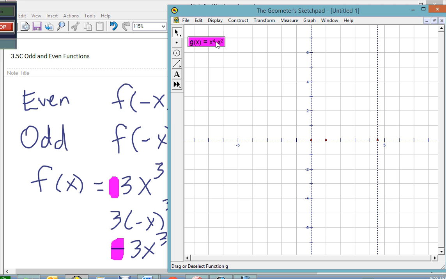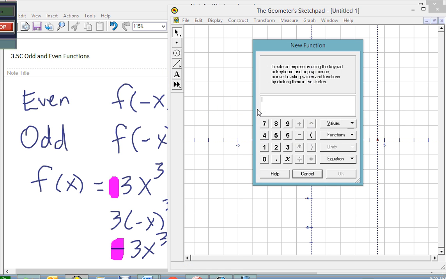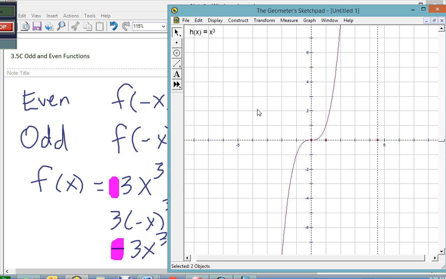Let's look at an odd function and see what it looks like. So x cubed. Now, does this one have symmetry? It does. It's a different symmetry. It's not a reflecting over something, right? Here at 1 it's up to 1, at -1 it's down to 1. At 2 it's up at 8, at -2 it's down at 8.